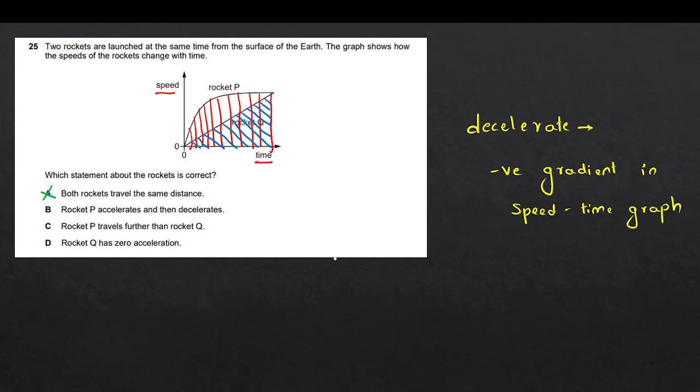If we observe the speed time graph for rocket P, there is no negative gradient so far. So here the gradient is always positive. Here the gradient is positive, this is positive. So everywhere the gradient is positive, so it is not decelerating. Let's look at option C.